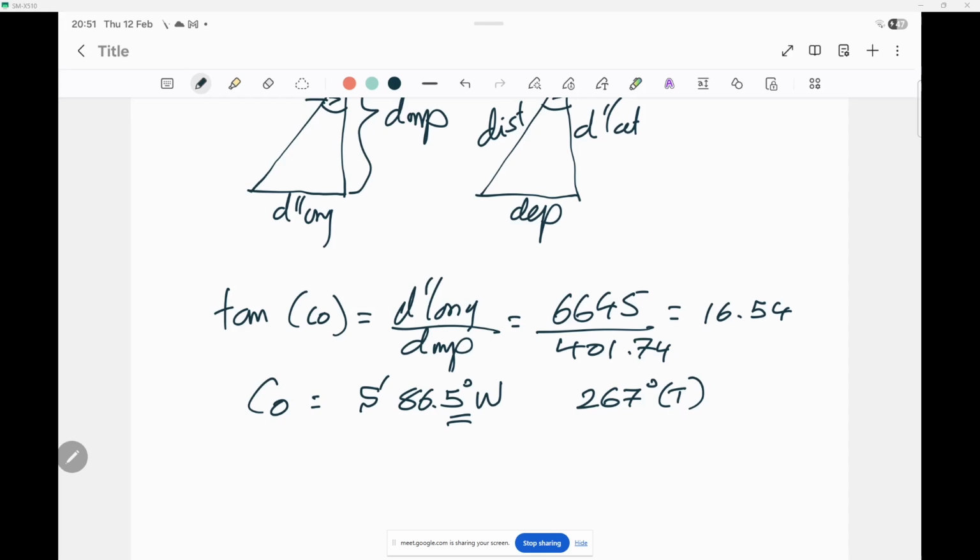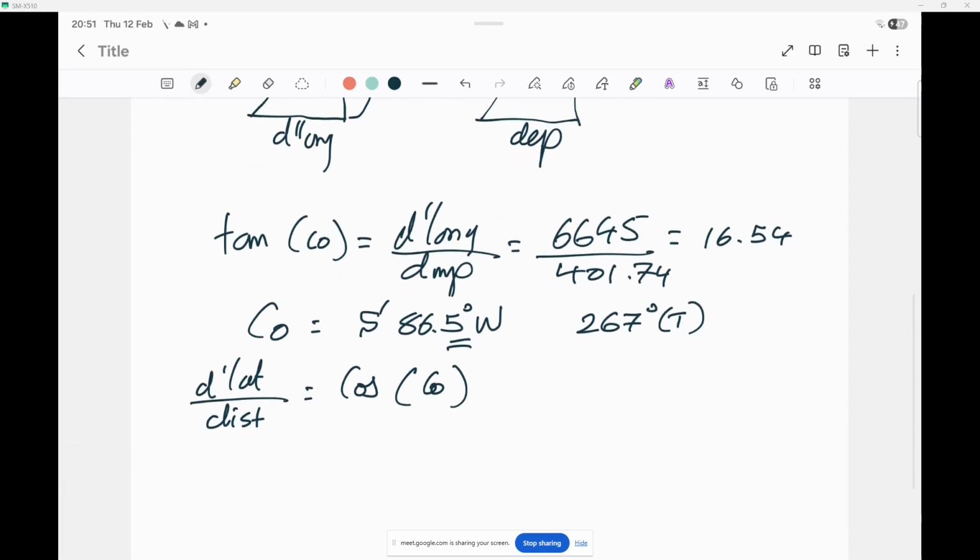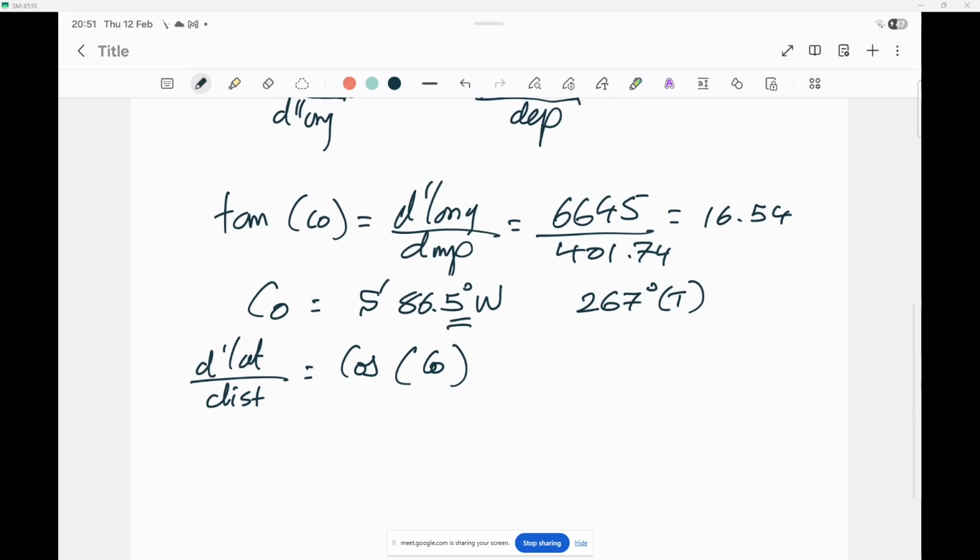You already have the course and you have to find out the distance. So you can see distance divided by dlat, distance is equals to dlat divided by cos course, right? Are we clear? Yeah.